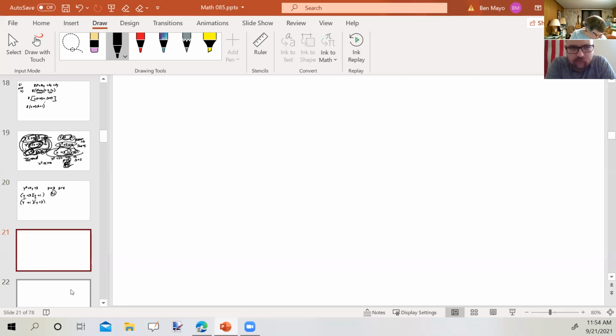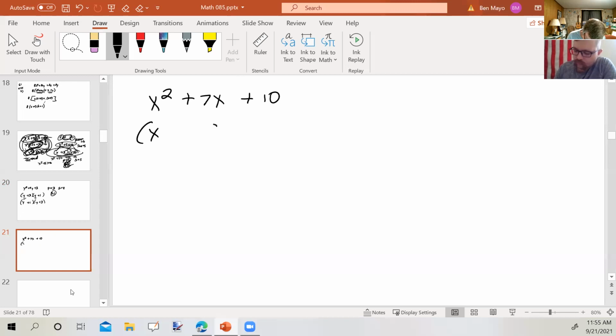Here comes another one. x squared plus 7x plus 10. This is a trinomial. It's in standard form, descending powers of the variable, and it has a leading coefficient of a 1. So it's going to get split up like that.